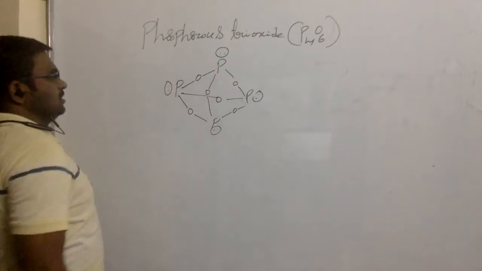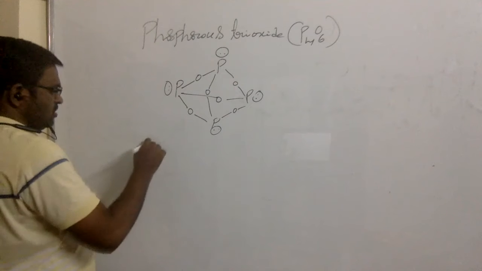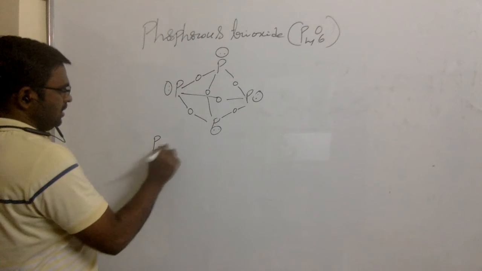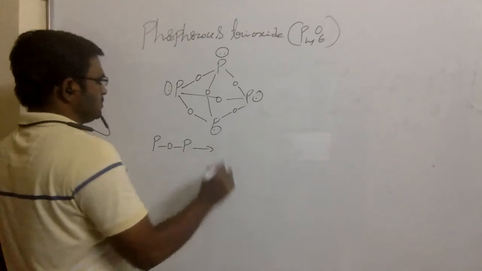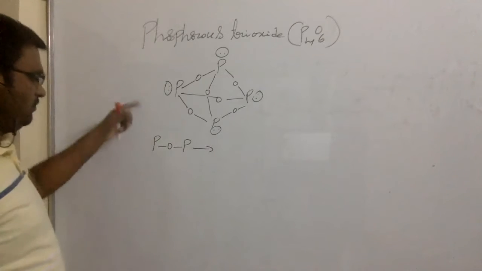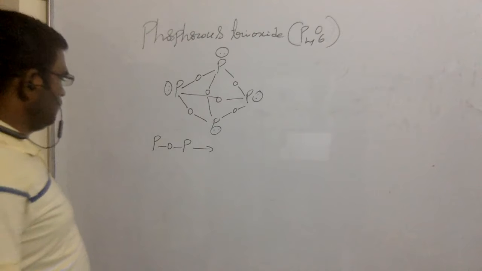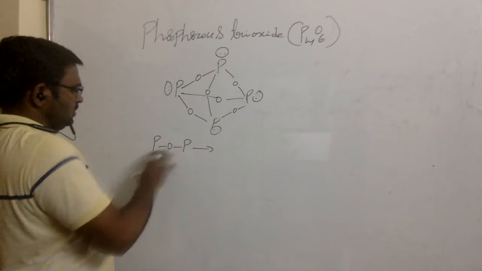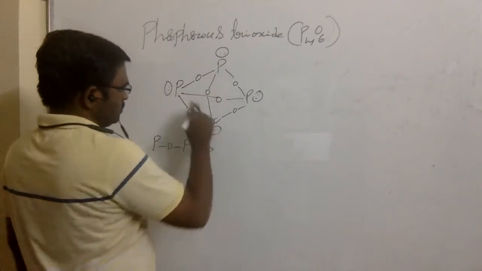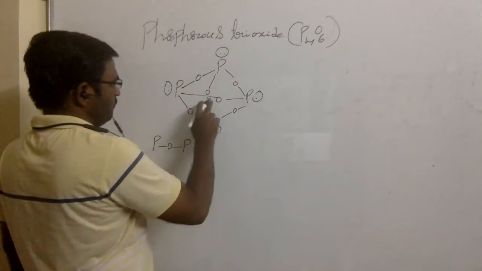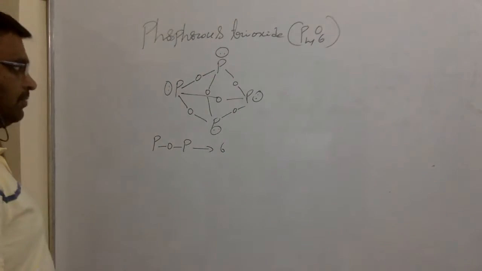Next, important, students: how many P-O-P bonds are present in phosphorus trioxide? This type of question has come in previous exams. Totally 1, 2, 3, 4, 5, 6: 6 P-O-P bonds are present here.